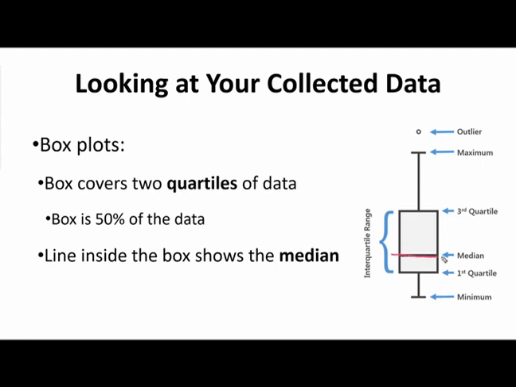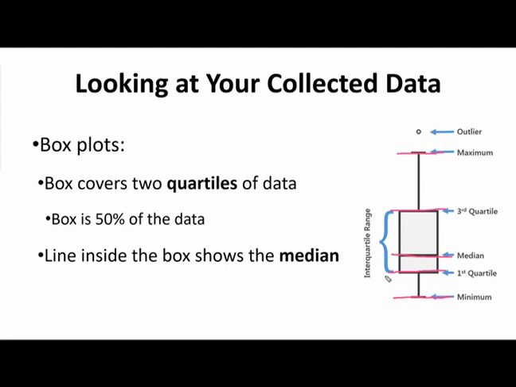So we have one line here. This is our median. This is the center of our data. We have another line here, here, here, and here. And so we're going to be looking at the 4 quarters of our data.